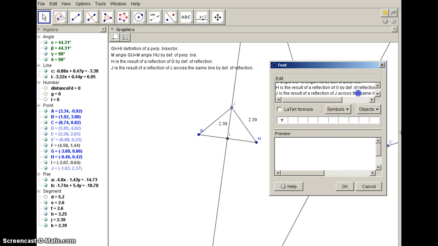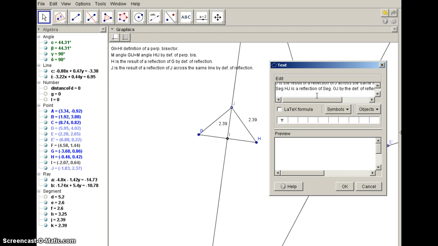Well, what I'd say is that, let me put it in here. Segment GJ, and this is not proper notation, but I'm just writing it out. Segment HJ is a reflection of segment GJ, by the definition of a reflection, right?